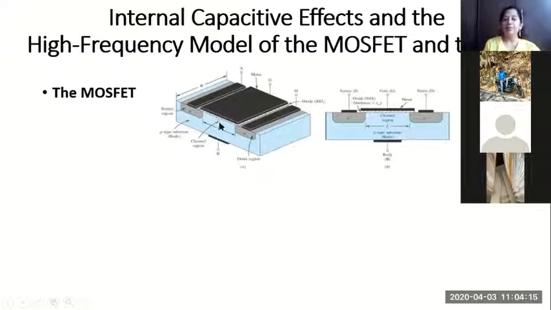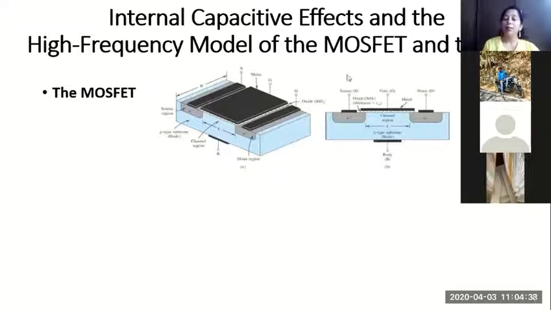So in fact, we will have totally 5 capacitances or 5 additional capacitive effects which will induce themselves in the behavior of the MOSFET. So the effect of all these capacitances, I was trying to explain to you yesterday, is to slow down the response.